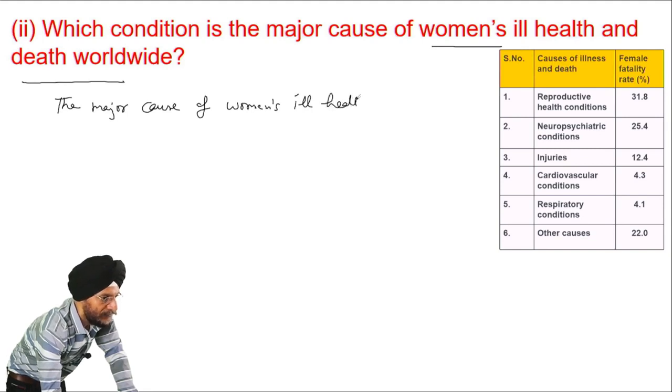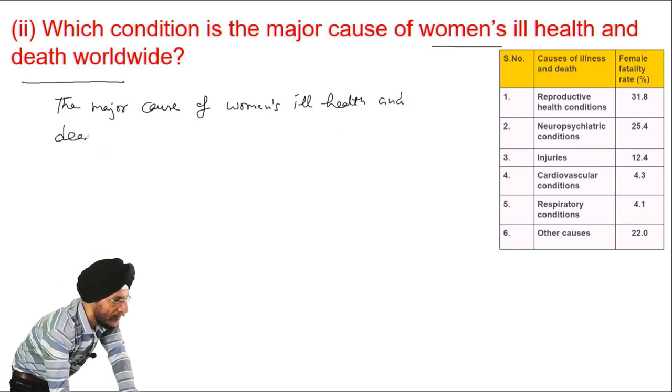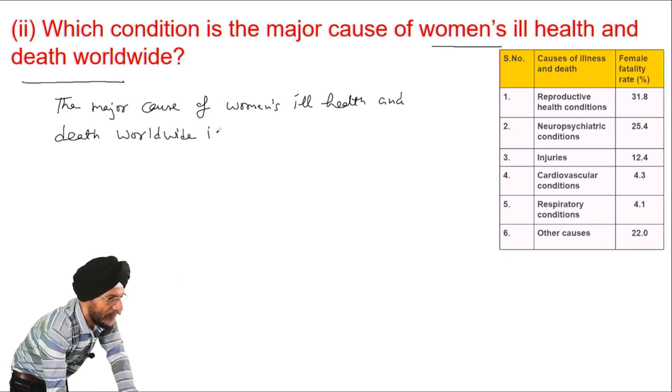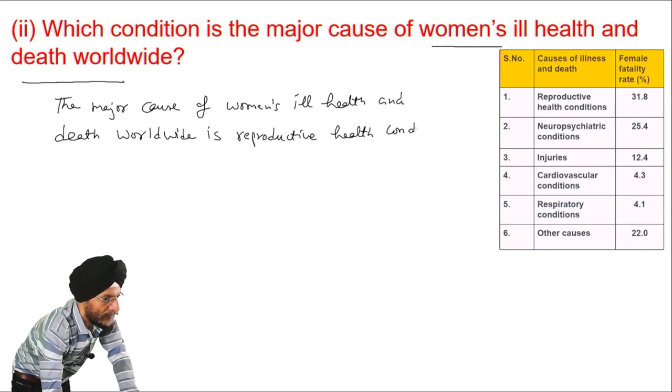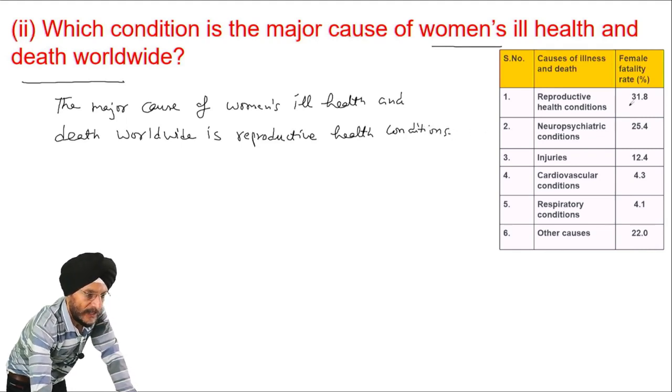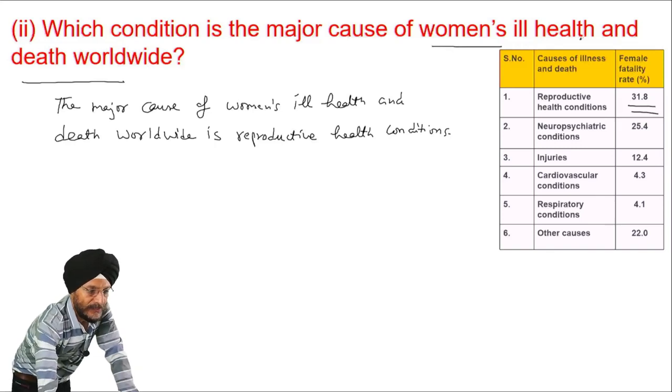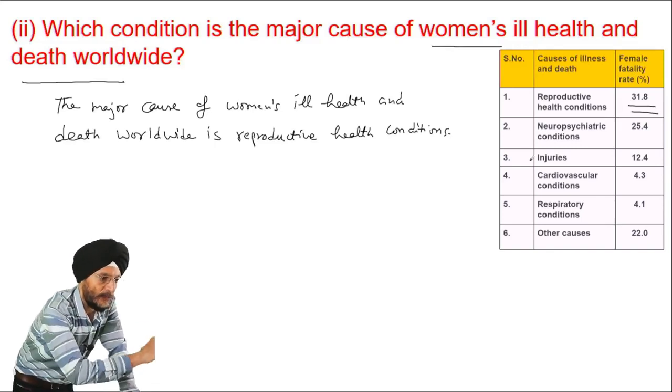The major cause of ill health and death worldwide is reproductive health conditions. So this is also clear from the chart, which is a table, as well as from the graph which we have drawn.